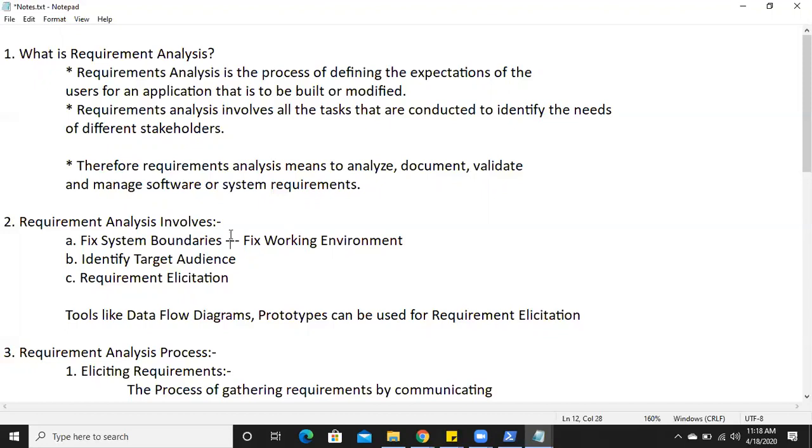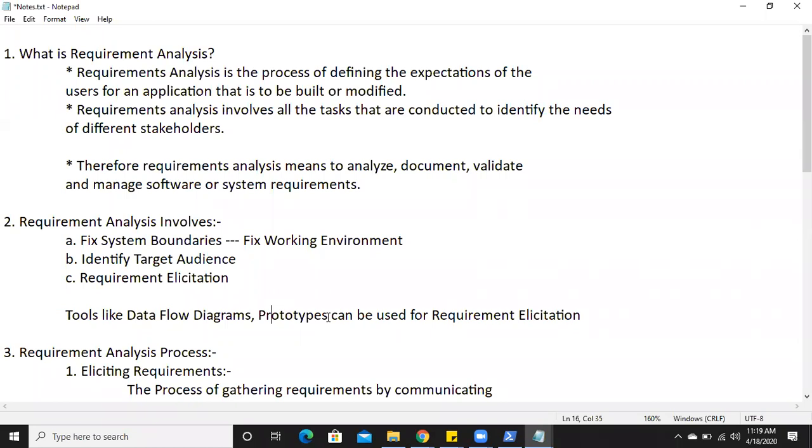In order to document or present the collected information from requirement elicitation, we will document all that information with the help of these tools: data flow diagrams, prototypes, as well as other tools like state transition diagrams, as well as entity relationship diagrams.